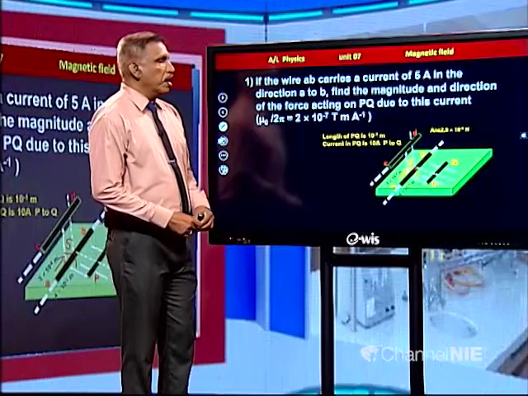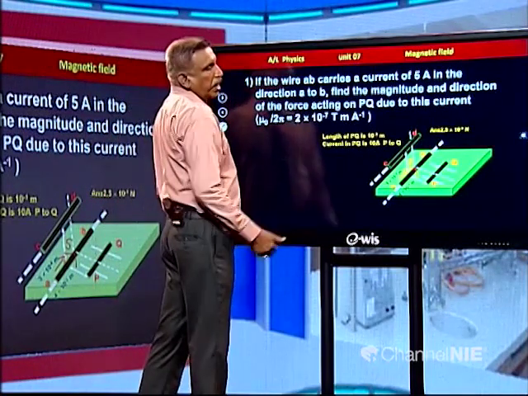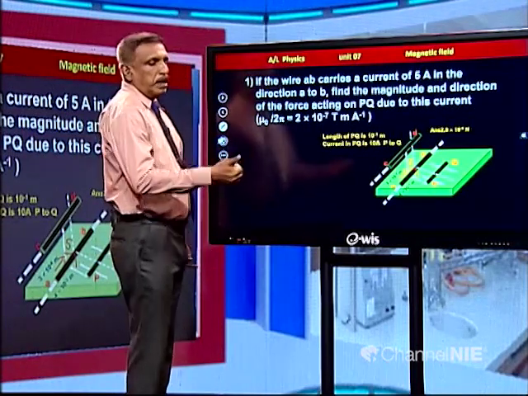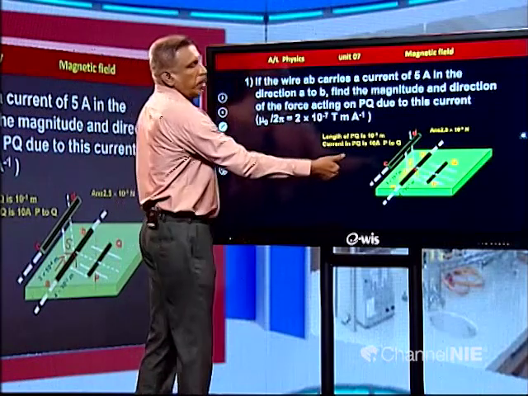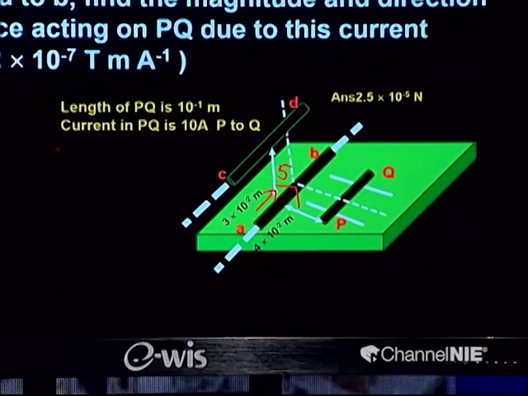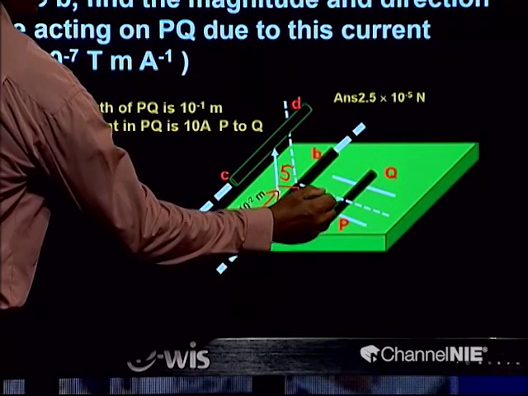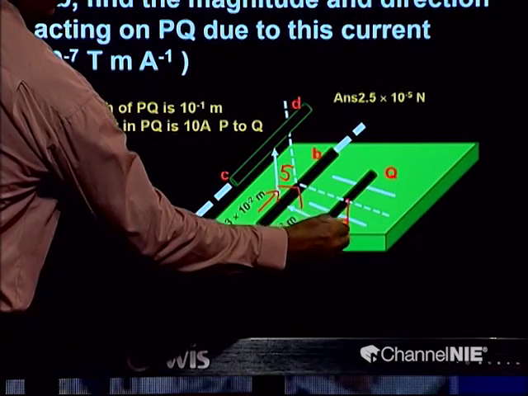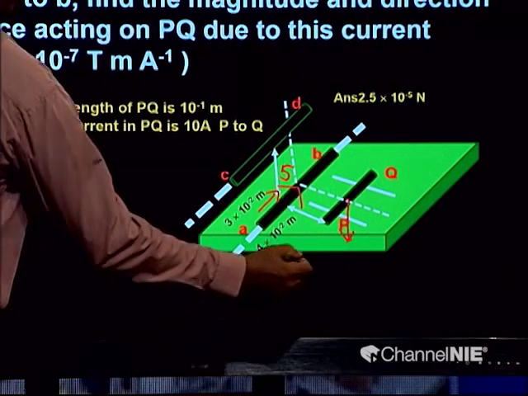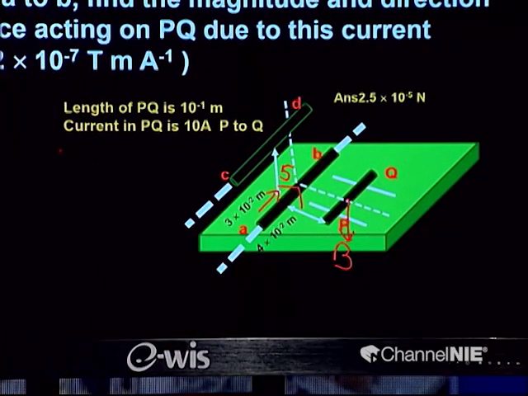Therefore, this magnetic field is in the downward direction due to this current carrying conductor AB.